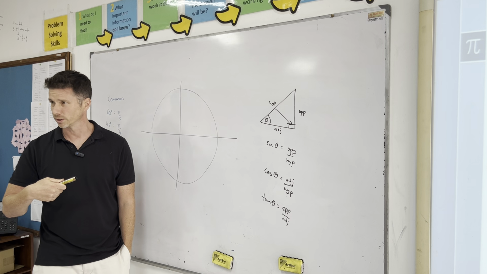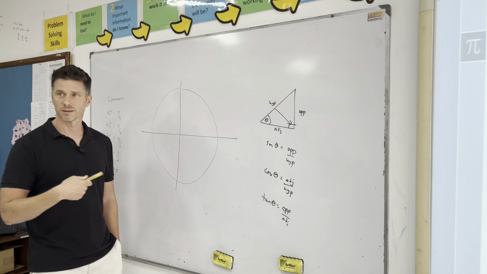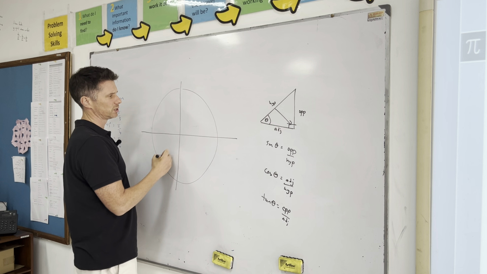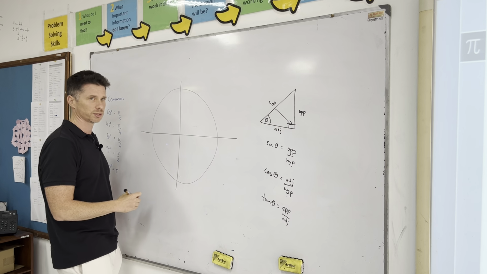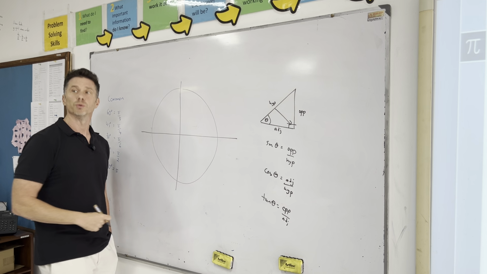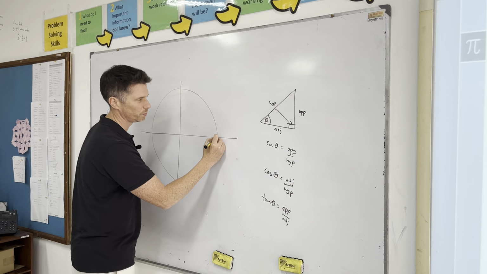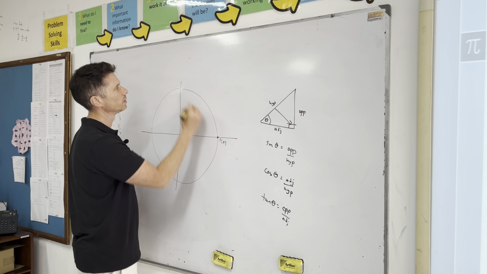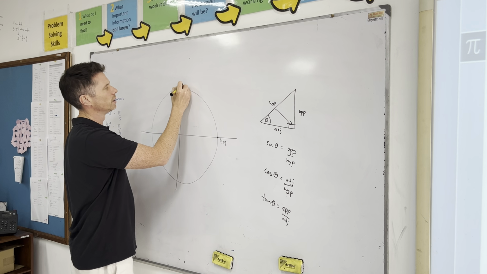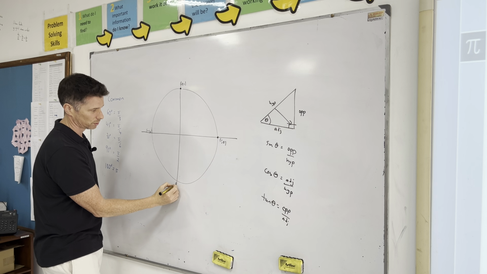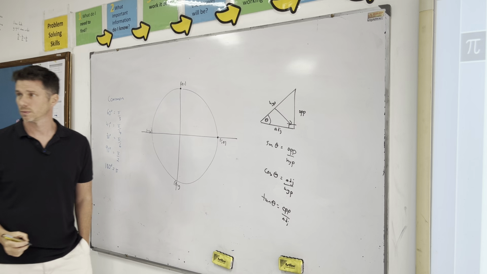What's 1 in this circle? The radius is 1. So we have 1 in all directions. The circle is always 1 unit away from the origin. So the coordinate here would be 1, 0. The coordinate here would be 0, 1, then minus 1, 0, and 0, minus 1. Happy with that?